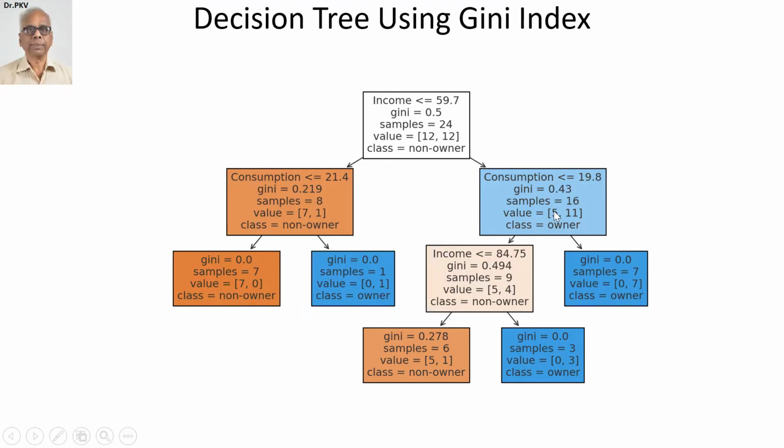So 5 non-owners and 11 owners. Therefore, the classification says class is equal to owner. If you look at the left-hand side rectangle, if it is yes, consumption is less than 21.4, Gini is equal to 0.219. Samples is equal to 8. Value is equal to 7, 1.